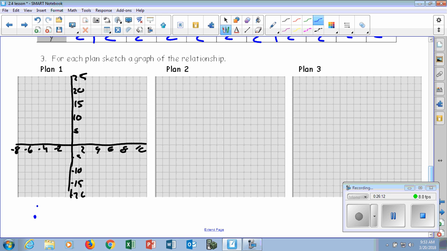And then negative 4. Where am I at negative 4? About 23. And then negative 3, I'm at 18. Negative 2, I'm at 13.